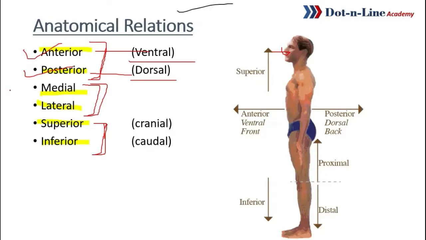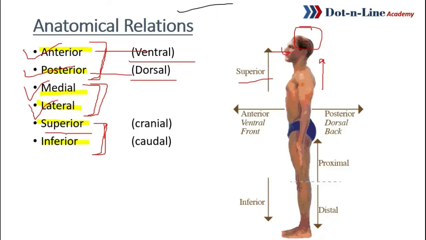Medial and lateral. Superior and inferior. Any structure that is upside of the body, near the head of the body, will be superior. You understand the word superior? It is an English word.